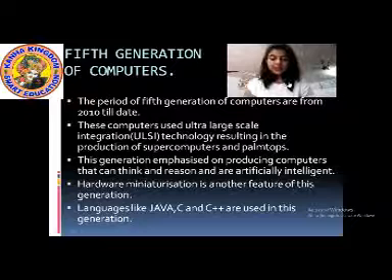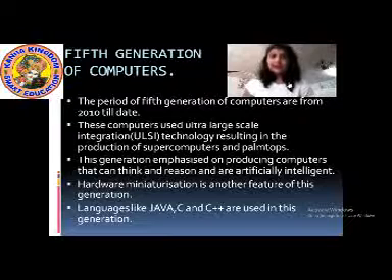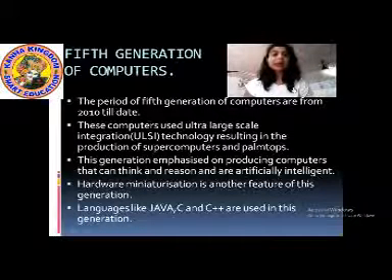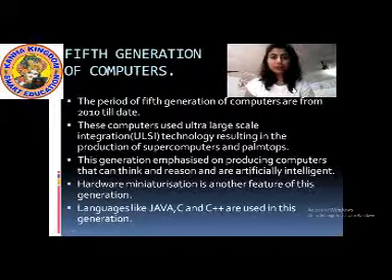And these computers produced what? Supercomputers and palm tops. Palm tops means like laptops, tablets, mobile phones. In this generation, these computing systems were developed. Today, what do you use at home?